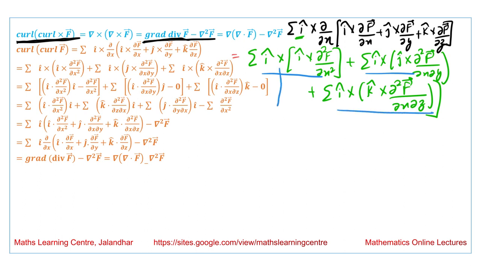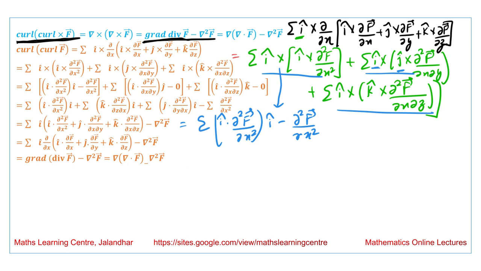Now, corresponding to this first term, we obtain sigma i cap dot ∂²f vector/∂x² times i cap minus ∂²f vector/∂x². In the next term we have i cross j. So, when we do the dot product over here, the answer will be 0.